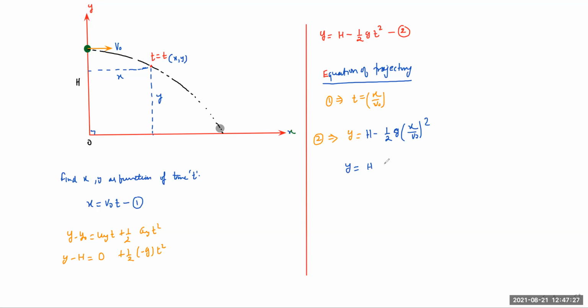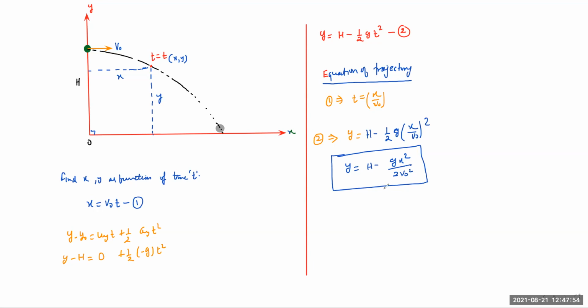Now this answer is the y versus x relation, and so it represents a quadratic equation of trajectory. You can look and see clearly what is the coefficient of x square, plus or minus.